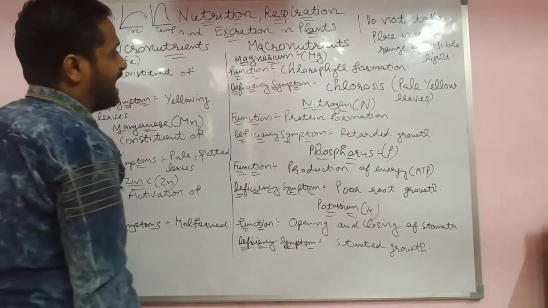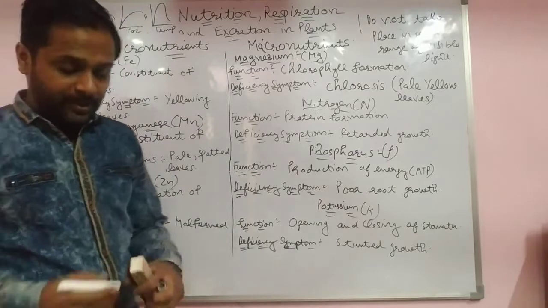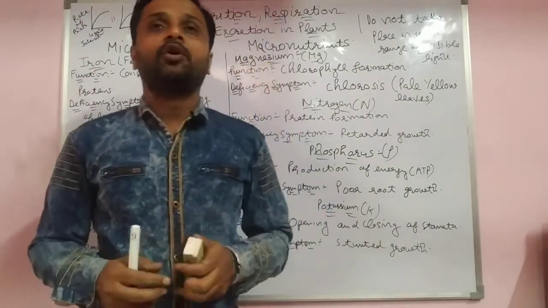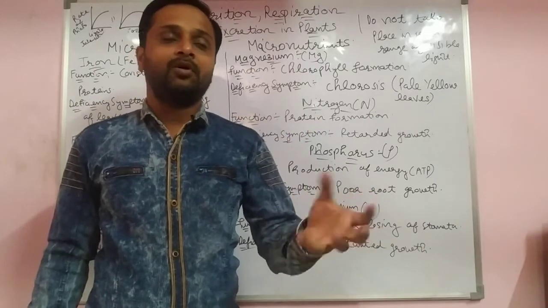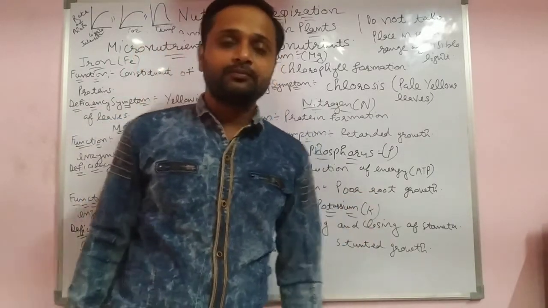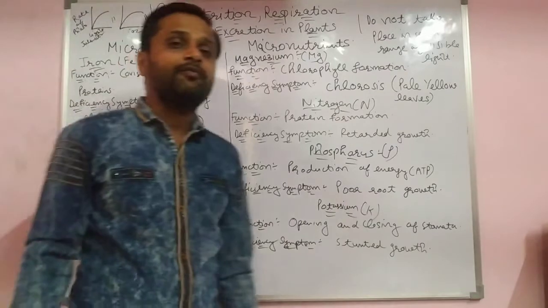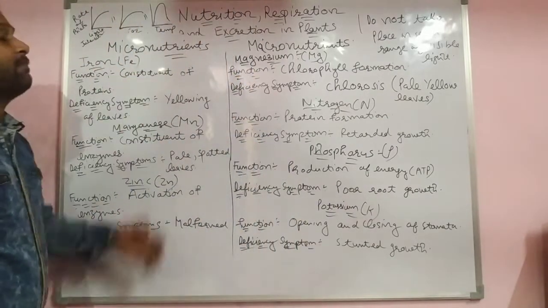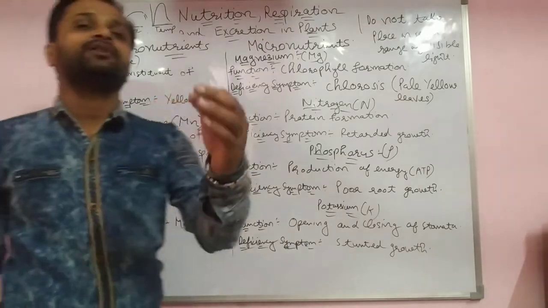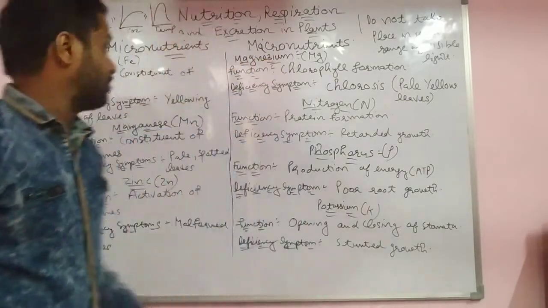Mainly we use the word NPK. You already know NPK fertilizer, which is given externally, but some is already present in the soil also. NPK: nitrogen, phosphorus and potassium. But first we discuss micronutrients, which plants require in small quantity, students.